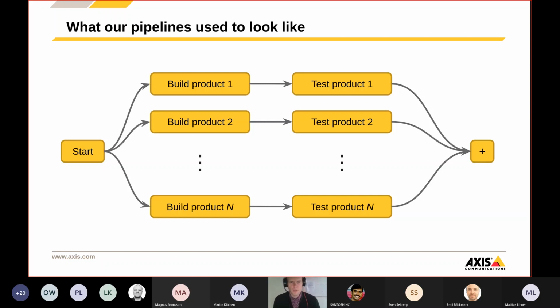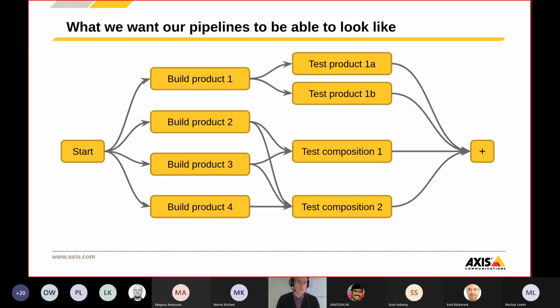Problem is we're moving more towards pipelines that look like this, where you have fan-out situations where you build one configuration, you test it on multiple hardware, or you test compositions of different software.